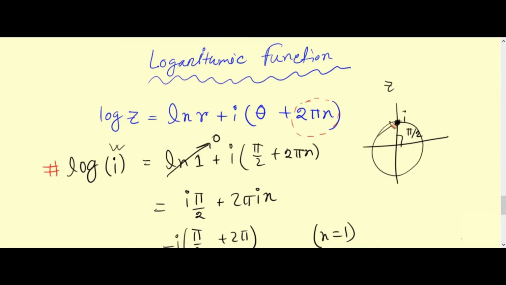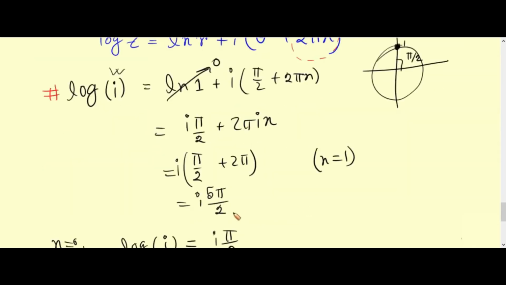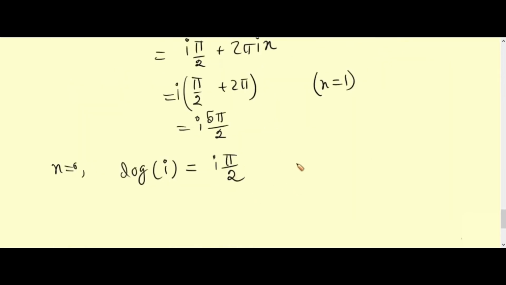But in the w plane, the value of the function, that is log z, is not coming back to its original value; rather it's giving us a different value. So n equals 0 means no circuit or no rotation at all. n equals 1 means one complete circuit, n equals 2 means two complete circuits, and n equals minus 1 would mean one complete circuit but in the clockwise direction.